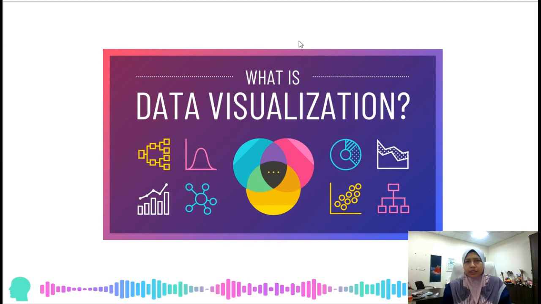What is data visualization? Why do you have to learn data visualization? Since you are statistics students, you deal with data on a daily basis. You collect data mostly on a daily basis. You read news, especially during this crucial time whereby we hear news about COVID on a daily basis.